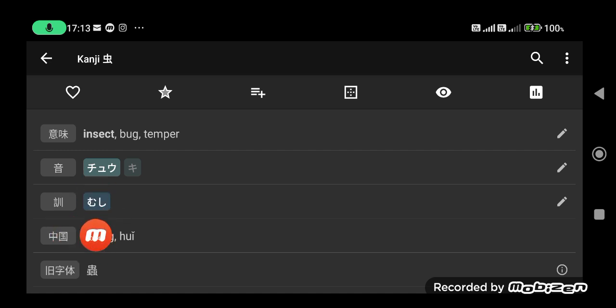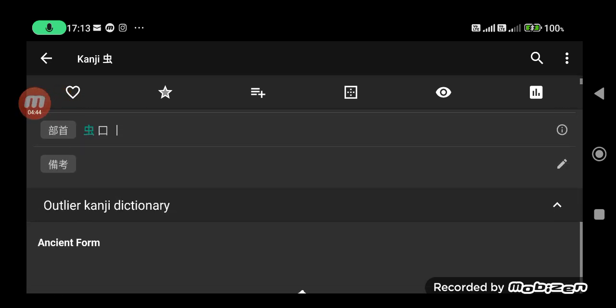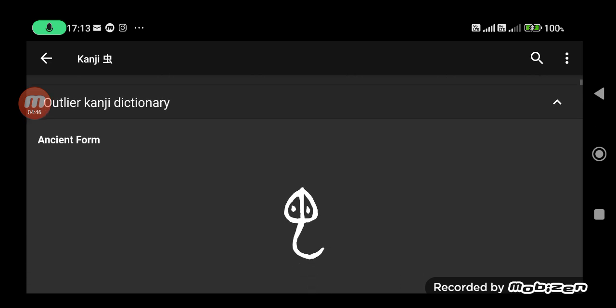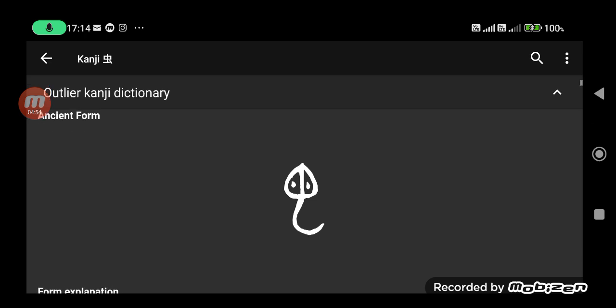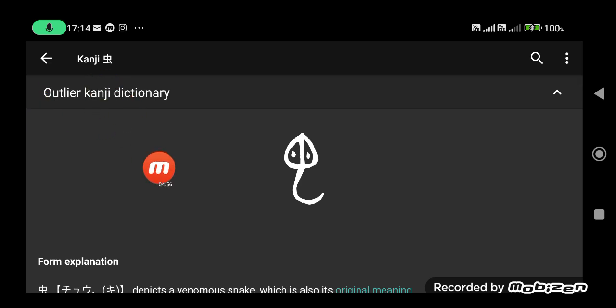Onyomi, chu; kunyomi, mushi. As I have been telling you since day one of our kanji discussion, kanji characters are actually pictures. The subject kanji for today is right here, and this is all about a bug, and it came from an ancient picture.